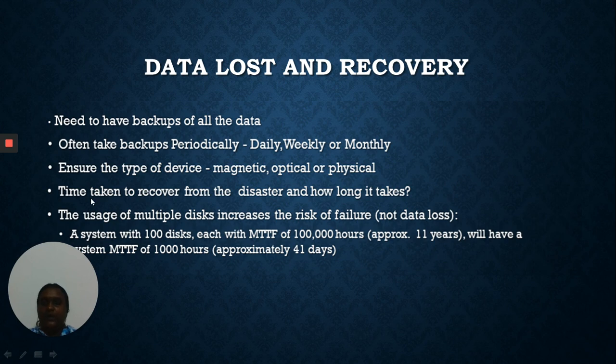For example, if suddenly due to some disaster your entire server and its data center has collapsed, at that time, how will you recover the data? Here is a simple example which will explain how multiple disk drives behave.